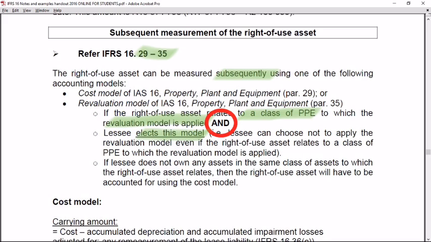So the lessee can still choose not to apply the revaluation model, even if the right of use asset relates to a class of PPE to which the revaluation model is applied. However, if the lessee does not own any assets in the same class of assets to which the right of use asset relates, then the right of use asset will have to be accounted for using the cost model.